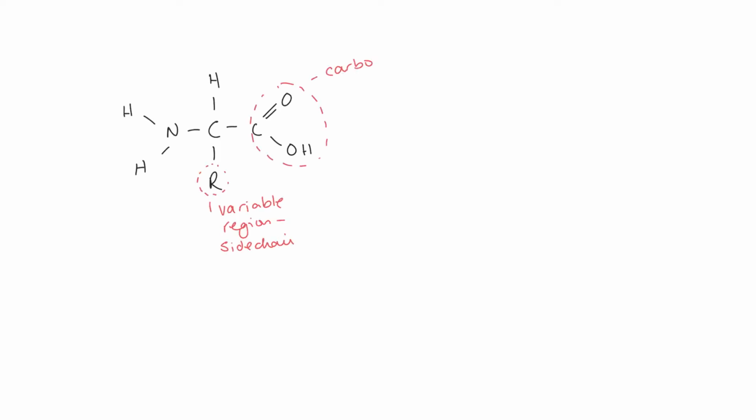And if we just take a minute to look at the basic structure of a single amino acid, just to remind ourselves. And we know that amino acids are joined together by peptide bonds. The joining together of amino acids by peptide bonds is called a condensation reaction and forms water.